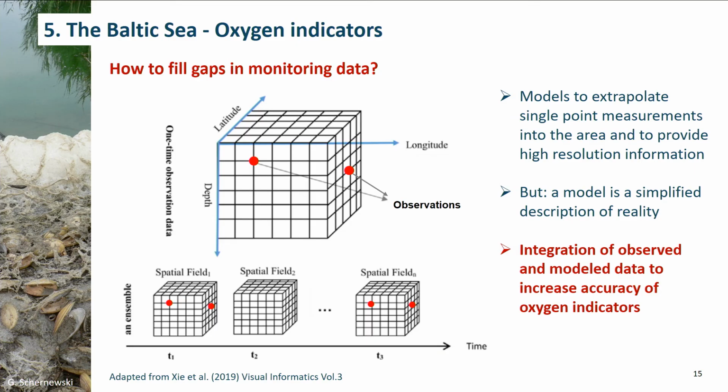So models help to extrapolate single-point measurements into space and time, as seen in this figure. However, any model is only a simplified representation of the real world, and thus, an integration with observational data is necessary to provide the most accurate information possible.